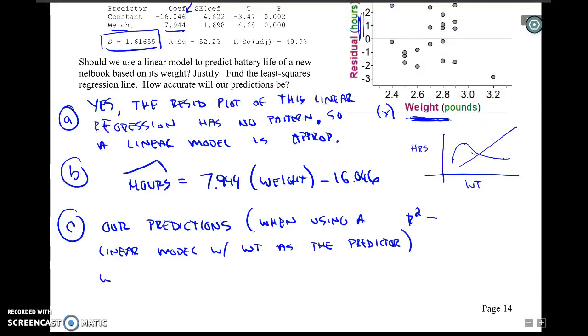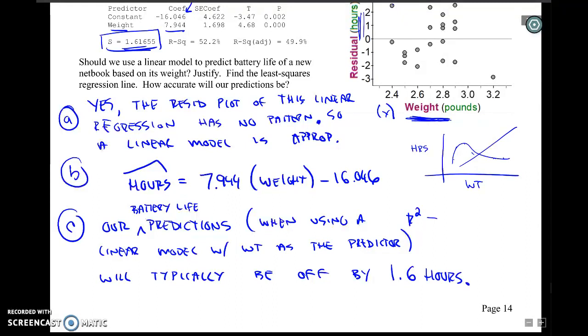Our predictions will typically be off by our battery life predictions. Our battery life predictions will typically be off by s, 1.6, we'll just say 1.6 hours.